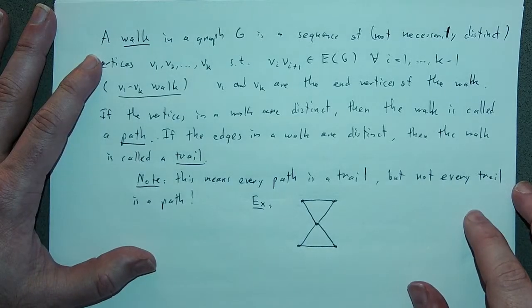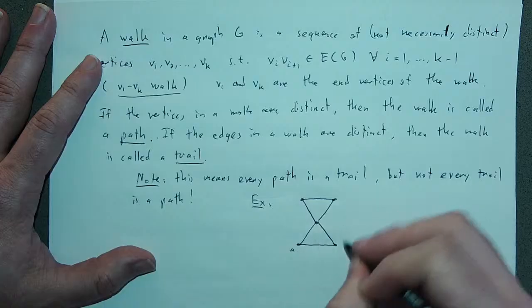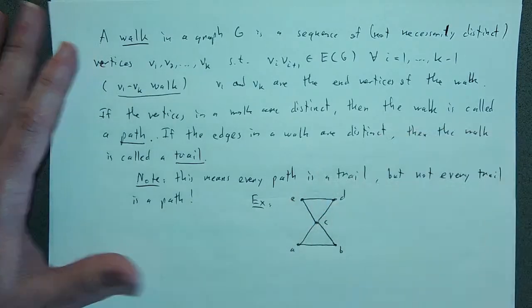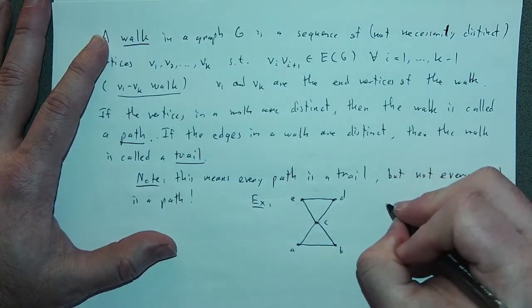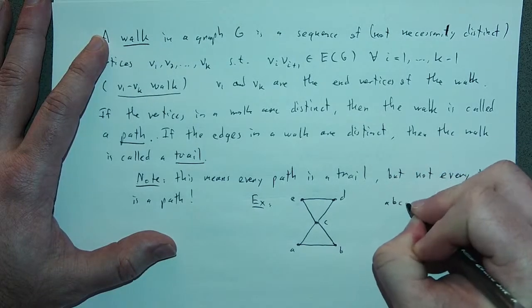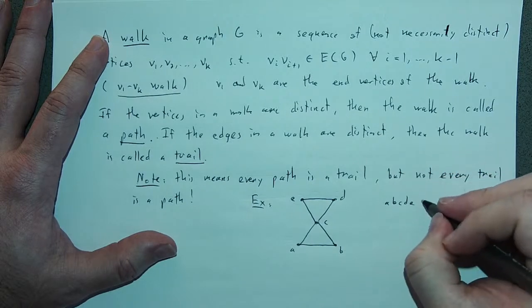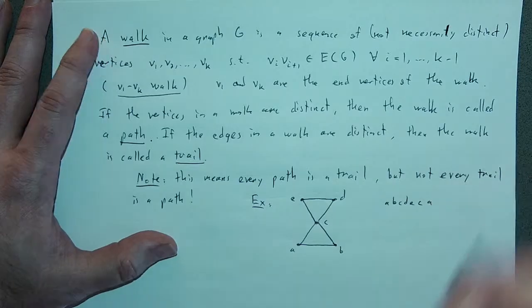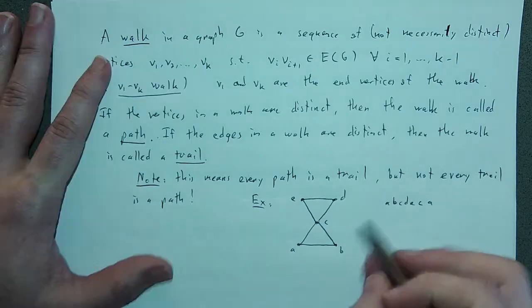And let's label this. We'll say A, B, C, D, E. We don't have to label these. You can see what it is that's going on here. All right, so notice that A, B, C, D, E, C, A is, what is that? Let's follow it.